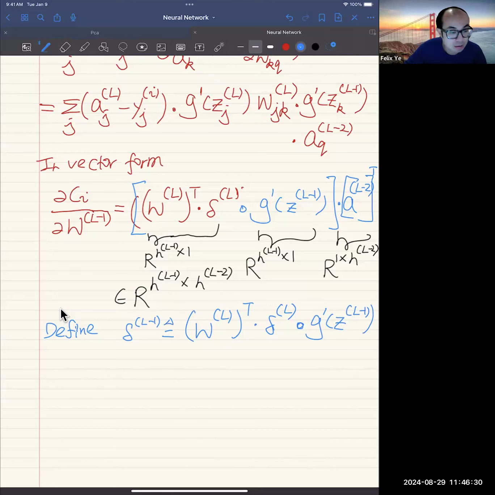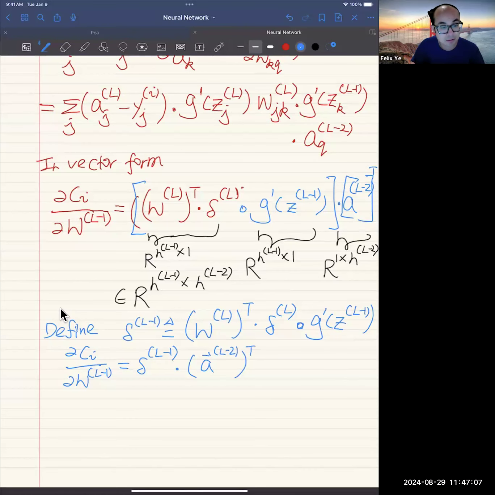So this is the definition right here. And partial C_I, partial W^(L-1) is delta^(L-1). By taking advantage of this definition, this is delta^(L-1) times the matrix multiplication with the transpose of these vectors.